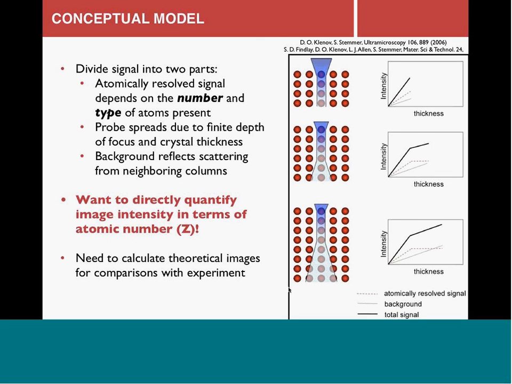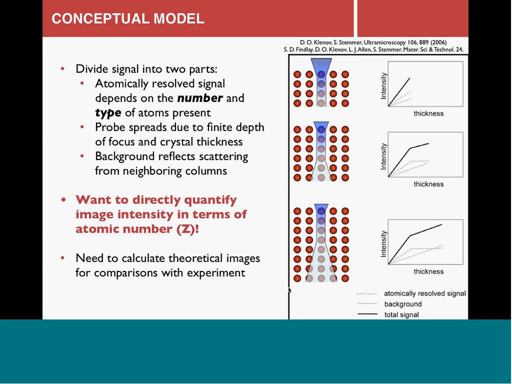So our STEM image is really divided into two parts at an atomic column. All right. When we sit at an atom column location, the probe is set up very quickly at that position, and the atoms that are in that column significantly impact the observed signal.